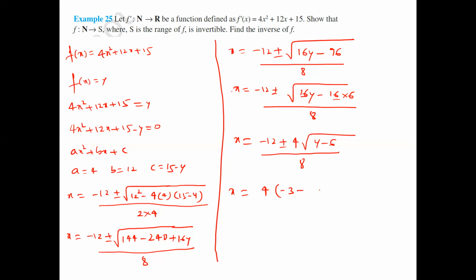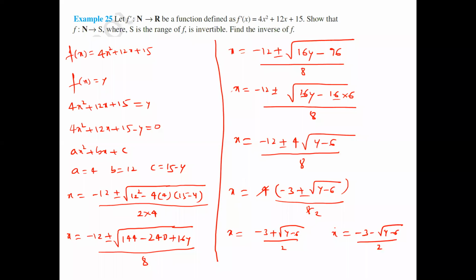Minus 3 plus or minus root of y minus 6, divided by 8. So 4 one time, 4 two times. So what do we get here? x equal to minus 3 plus root y minus 6 by 2, and x equal to minus 3 minus root y minus 6 by 2. Now observe here, this term I am going to ignore, neglect this one.